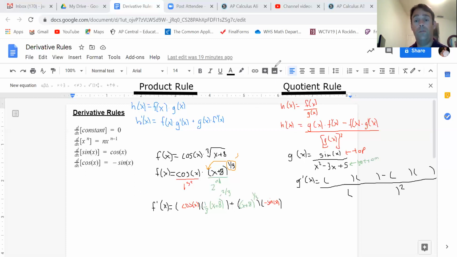All right, so first up, we have the bottom function, g of x, times the derivative of the top function. So the derivative of sine is cosine.